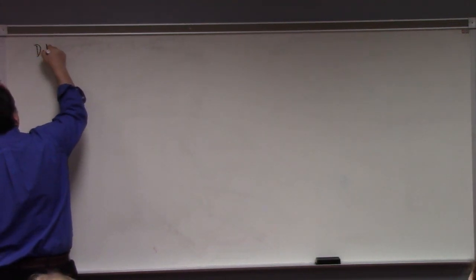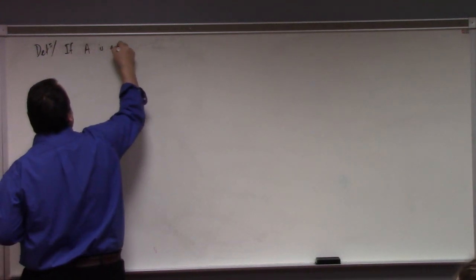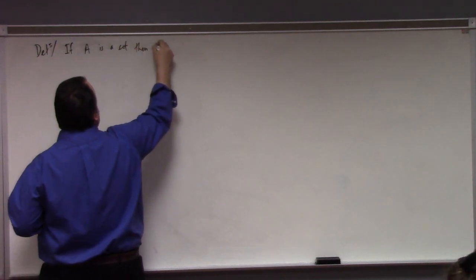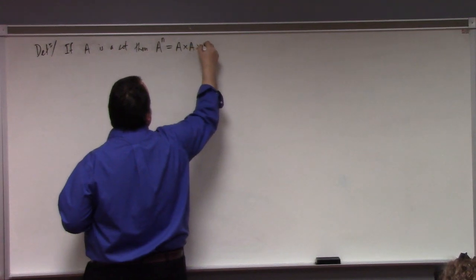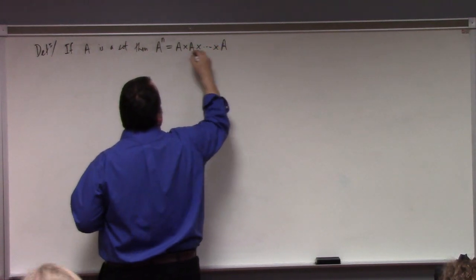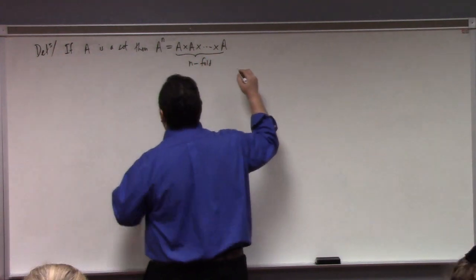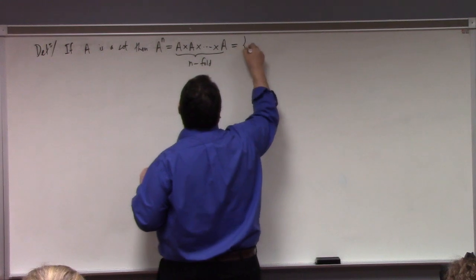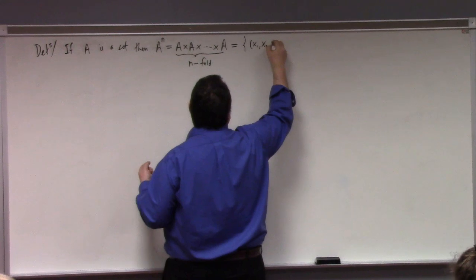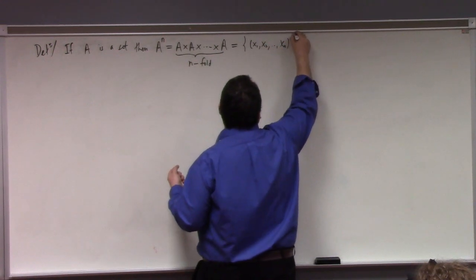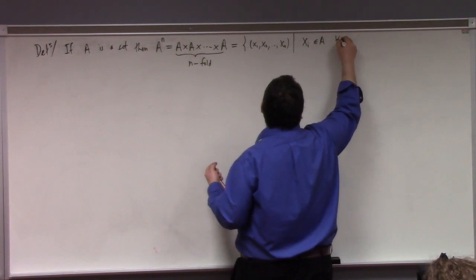So, definition: if A is a set, then A to the power n is A cross A cross ... cross A, n-fold times, which is specifically equal to something like (x1, x2, ..., xn) such that x sub i is an element of A for all i.